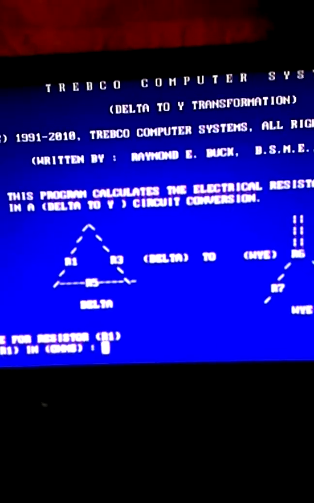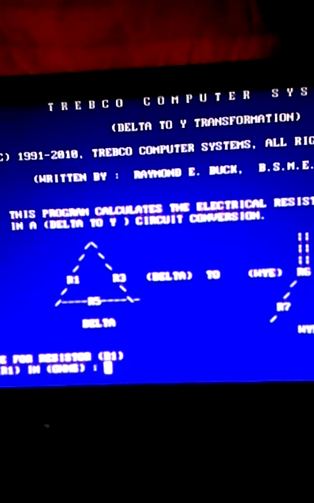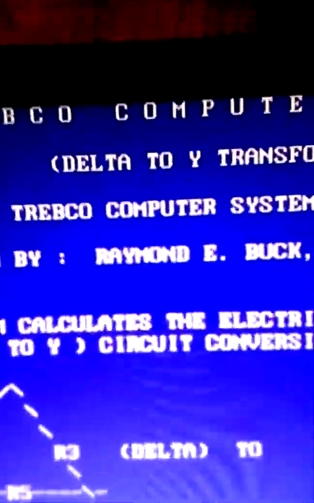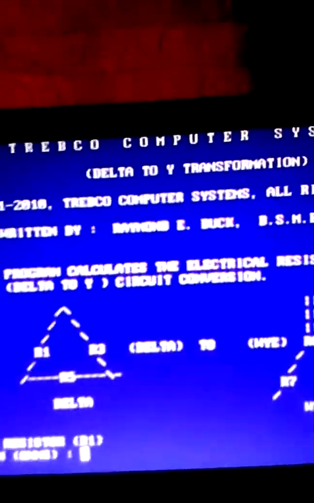So we just already done the Y to delta, and now we're going to do the delta to Y. We're going to do it in reverse of what we just saw.